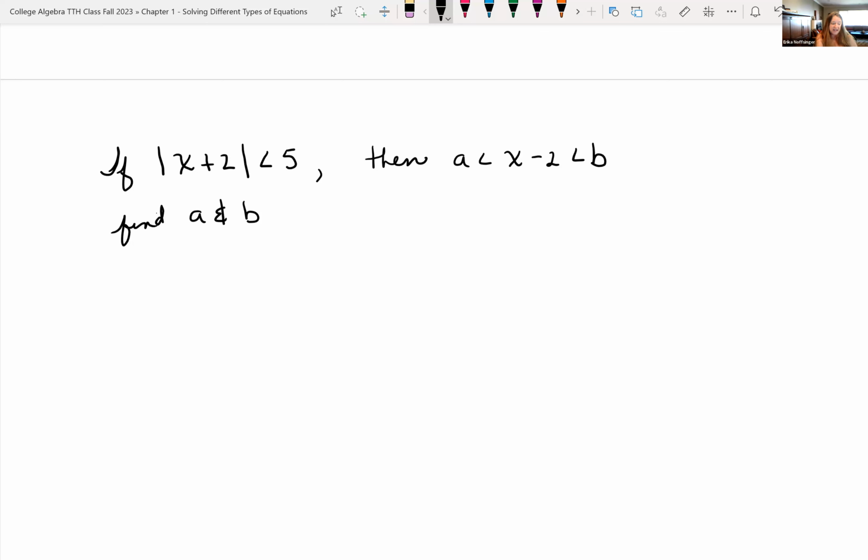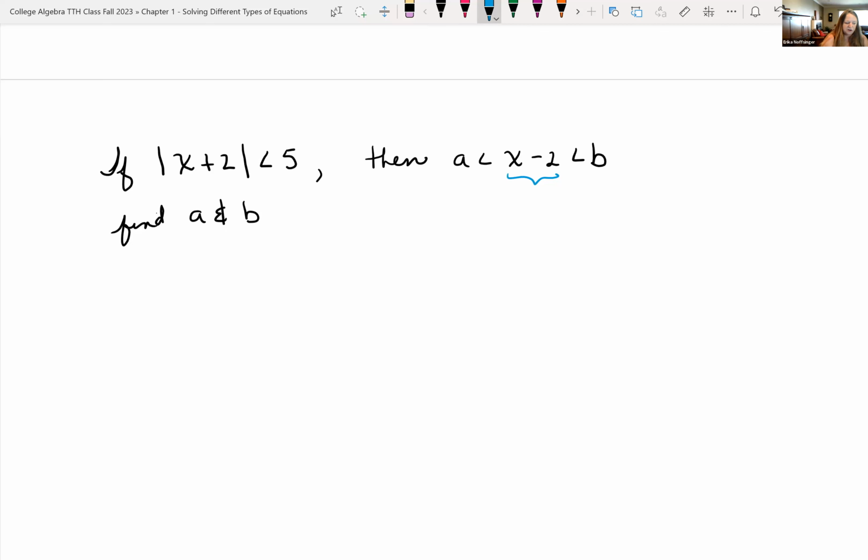Okay, so we're going to look at what we're given. The absolute value of x plus 2 is less than 5. Once we rewrite this without the absolute value, we're going to try to manipulate what's inside the two inequalities to look like this, x minus 2.